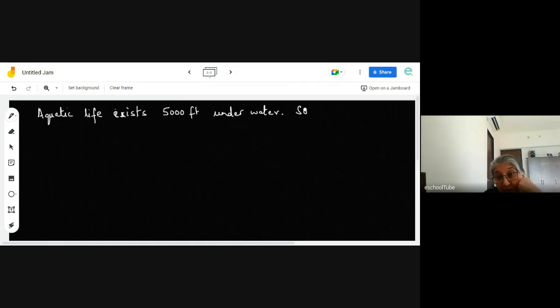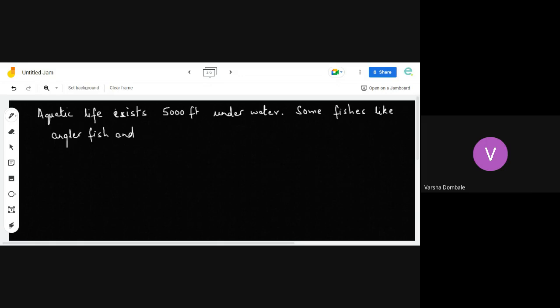And some fishes like anglerfish and, what is that? Chimera. What was the name? Long-nosed chimera.